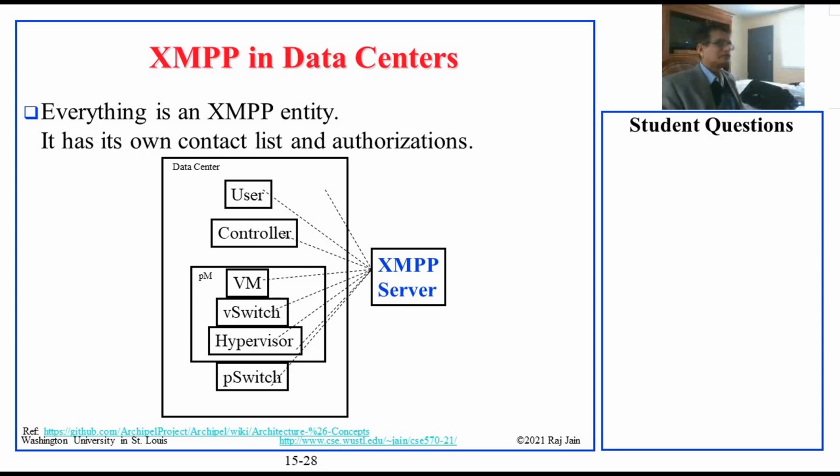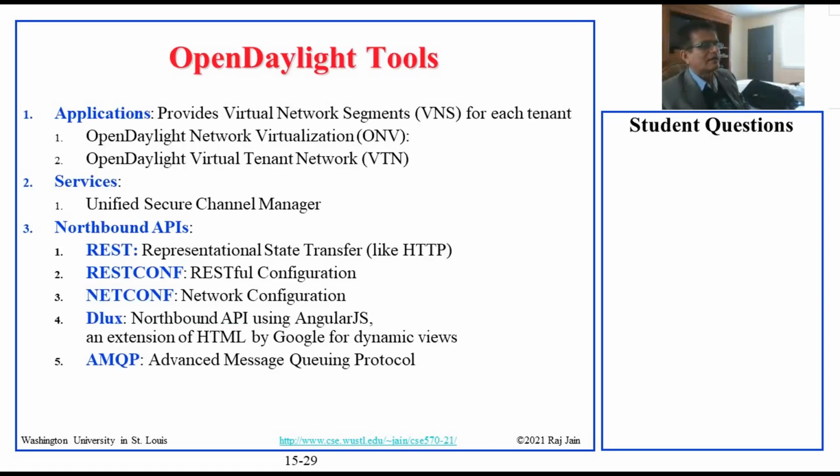All right. So now, the Open Daylight picture. What it can do is it can manage a whole network, and it can divide the network into segments. Each segment is for a tenant.